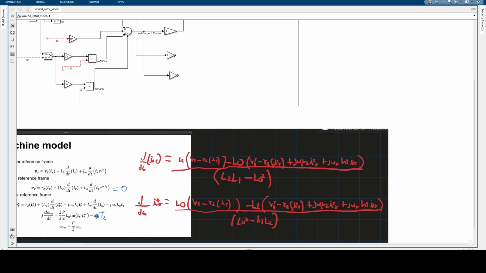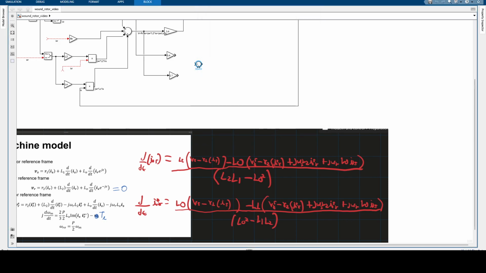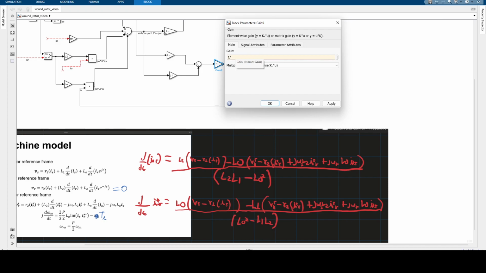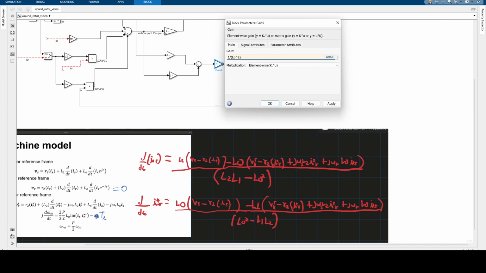So we subtract these two, this term over here minus this term over here. And now we divide it by this term, and we're going to get our DISR dt. So we're going to have another thing here of 1 over L naught squared minus L1 times L2.